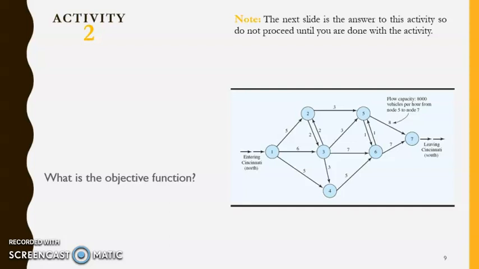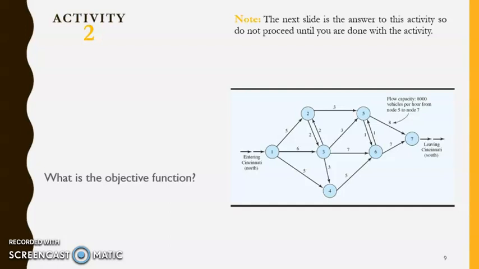Okay, flow from 1 to 7. We don't have any arc between 1 and 7, but the flow that goes inside 1 and gets out of 7 is in fact the flow that we have here, because the flow from 1 to 2 plus the flow from 1 to 3 plus the flow from 1 to 4, all of these go inside the network and finally get out of here.